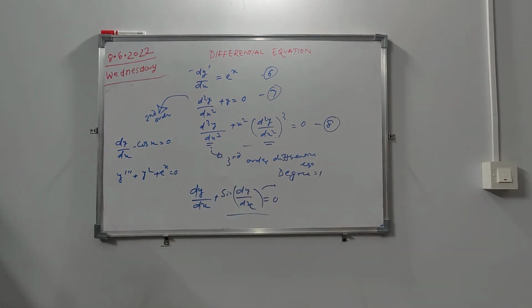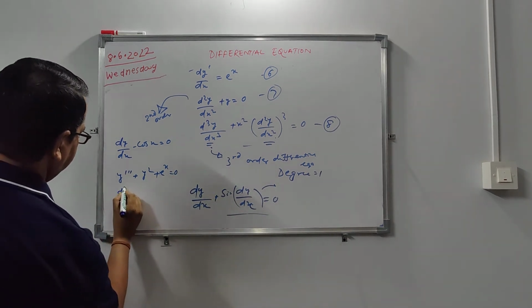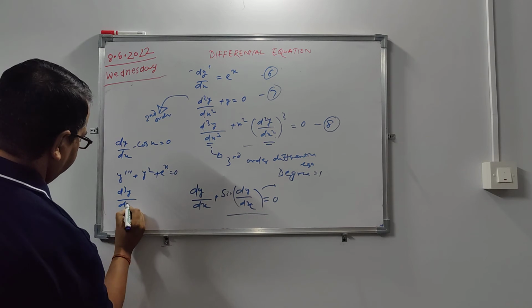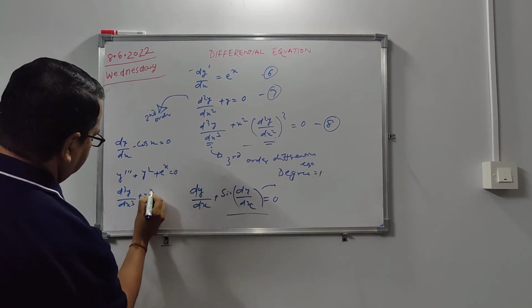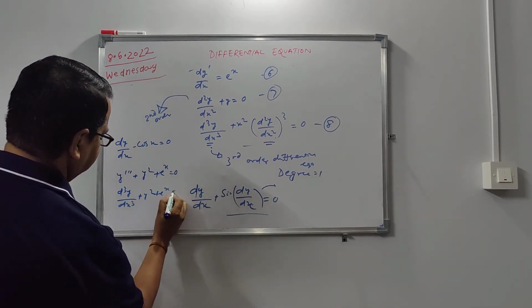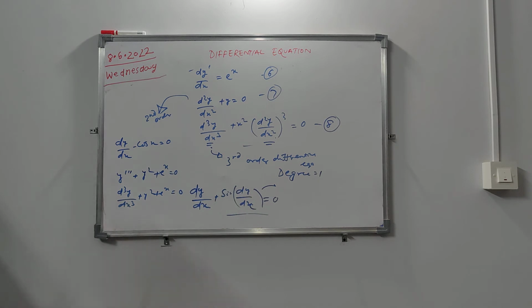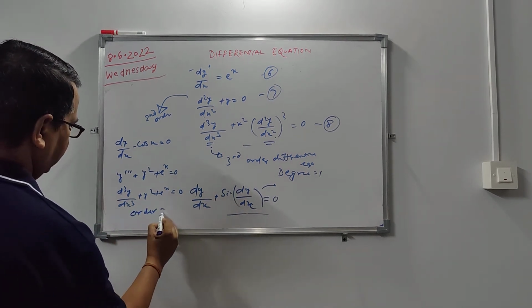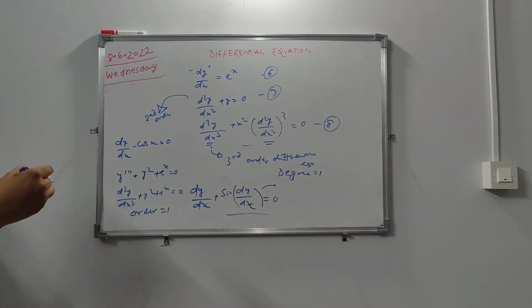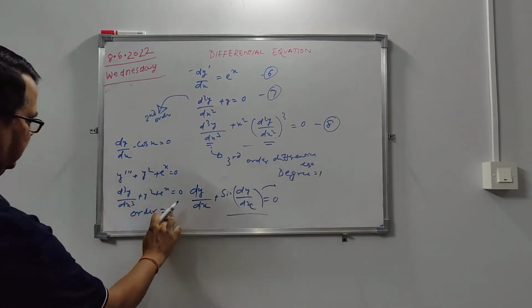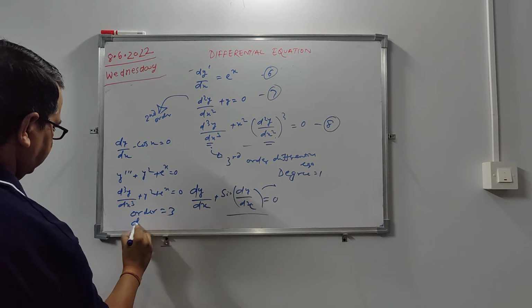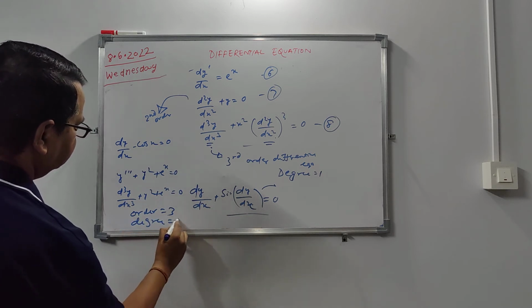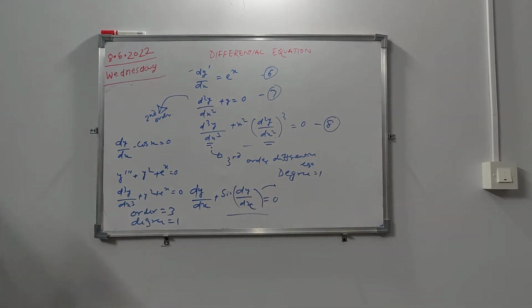You can write it as d cube y by dx cube plus y square plus e to the power x equals 0. So order is 3 and degree is 1.